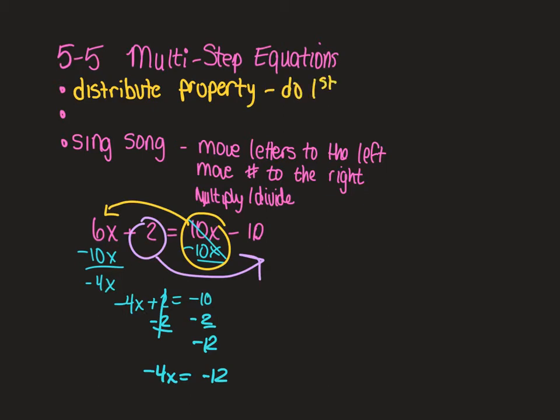And then look and see if you have any combining like terms. Chicken legs, green beans. Look and see if you need to combine any like terms. But do the distributive property first. Number 1, combine like terms would be second. And finally, singing the songs, this stuff would be third.